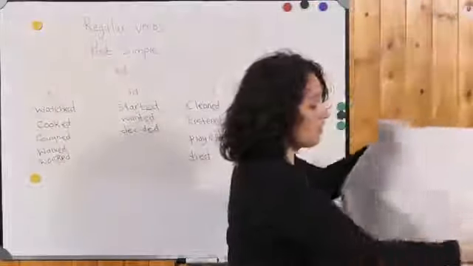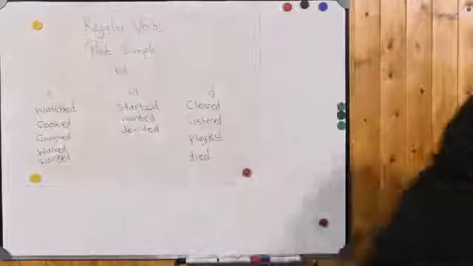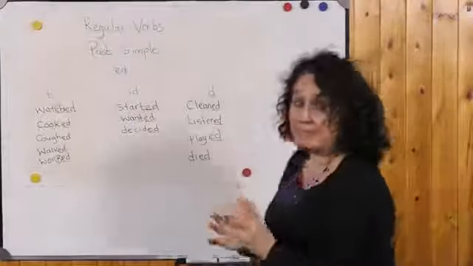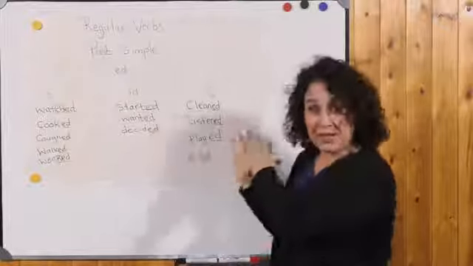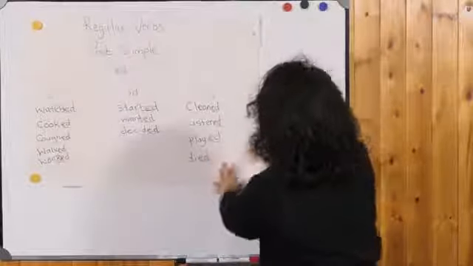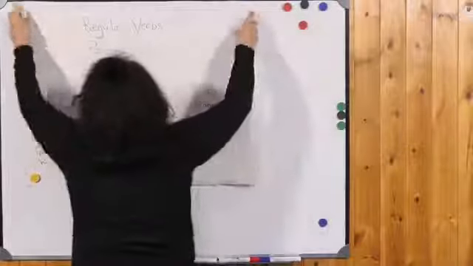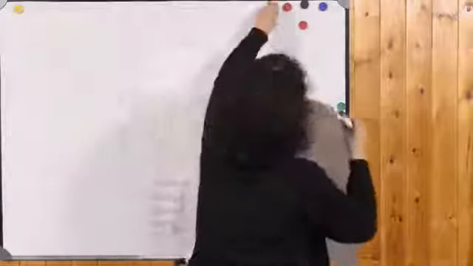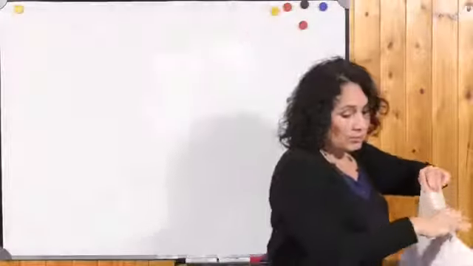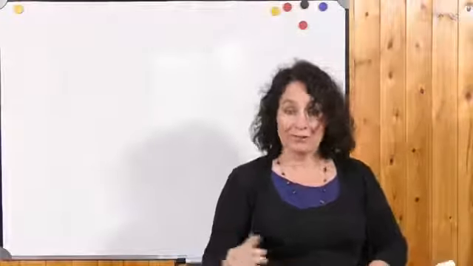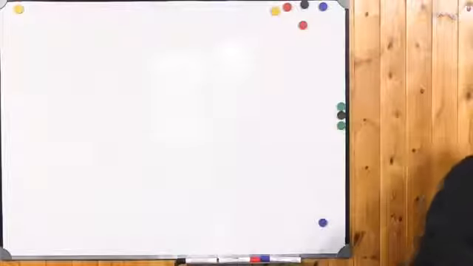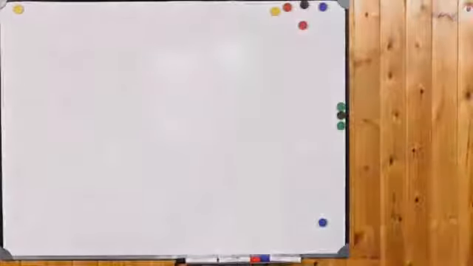So if regular means the same, because they have ed, ed, ed, ed, they are all the same ending, what does irregular mean? Irregular means the opposite, different. They're all different. Okay?